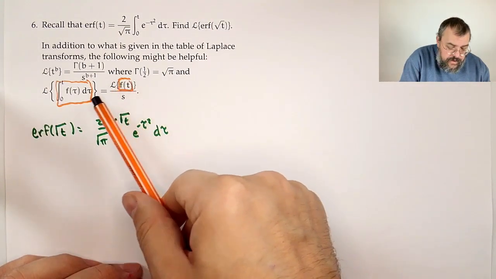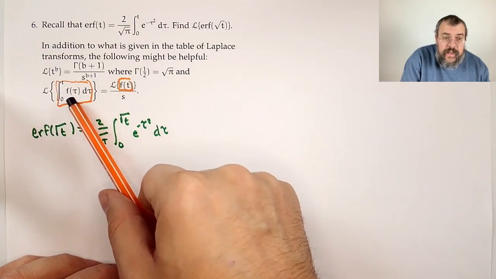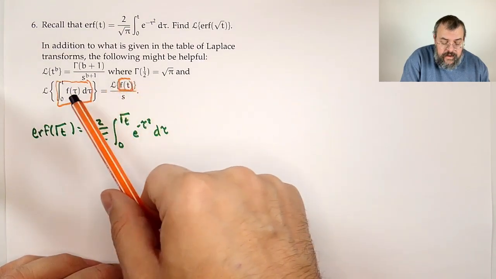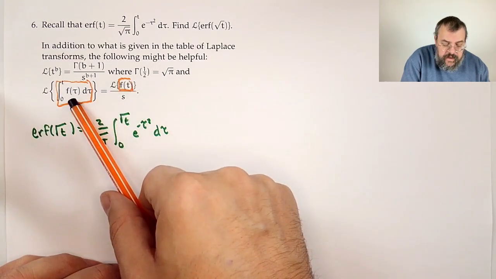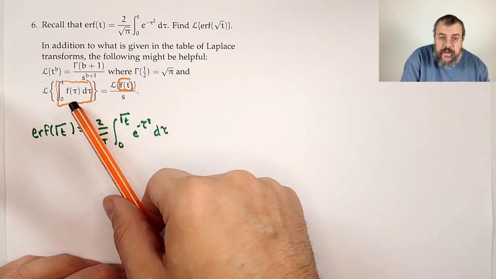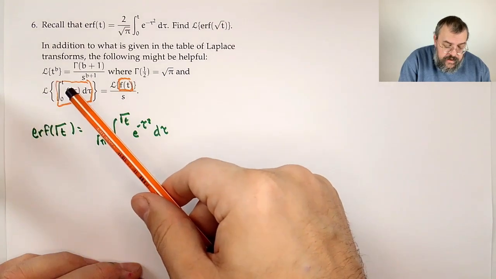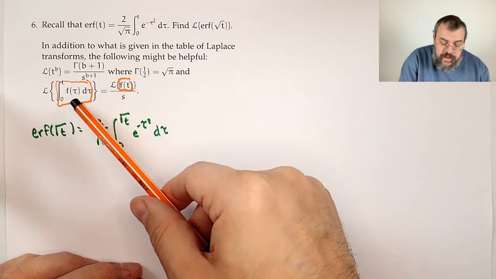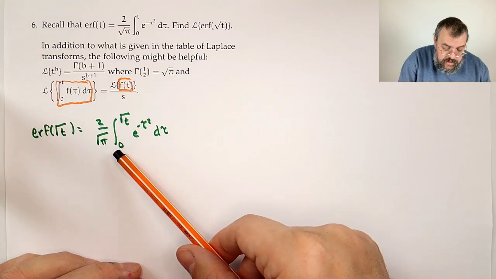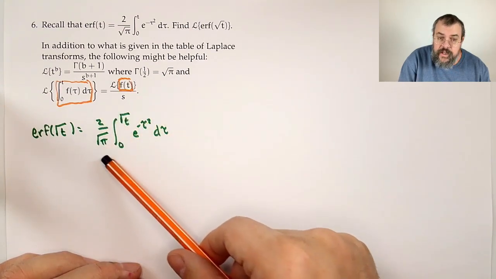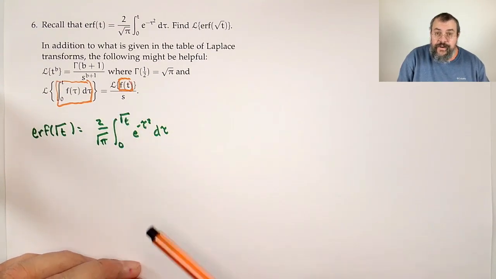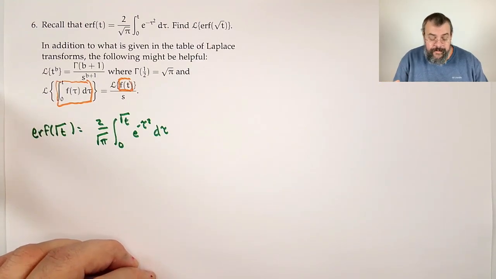Well, this is an antiderivative, right? If you integrate a function, you get an antiderivative, and it's an antiderivative which happens to be equal to 0 when you plug in t equals 0. Now, the good thing is, if you plug t equals 0 into this, you get integral 0 to 0, which is 0. So that's good.